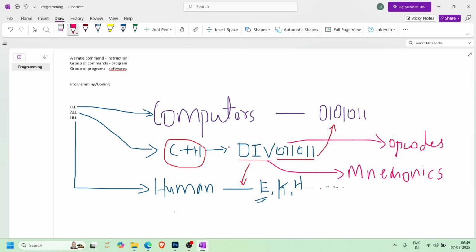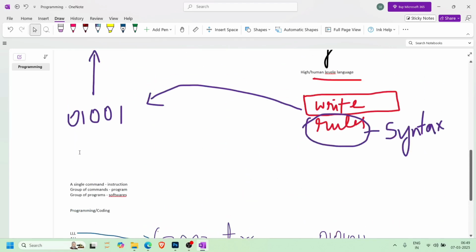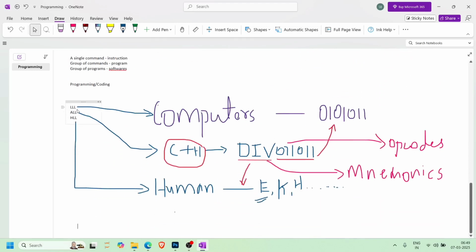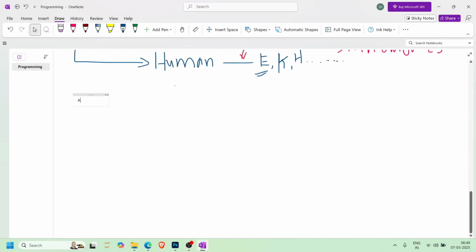So as you can observe here, I'll write a note of it. There are three types of languages: low level language, assembly level language and high level language. The assembly level language consists of two parts. One is mnemonics, second one is opcodes.